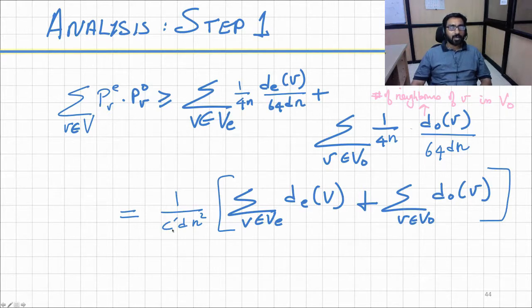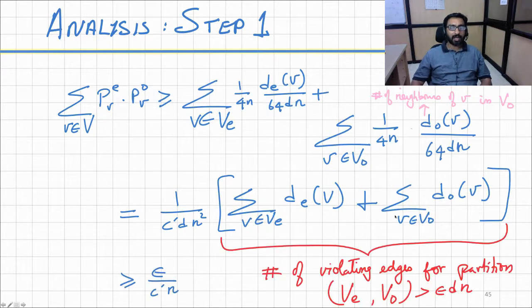So now, pulling out the common terms, we get 1 over some constant C prime D n squared outside, and then we have the summation over vertices in VE, summation over vertices in VO, the neighbors of V, DEV in the set VE, and here in the set VO. What exactly is the summation?